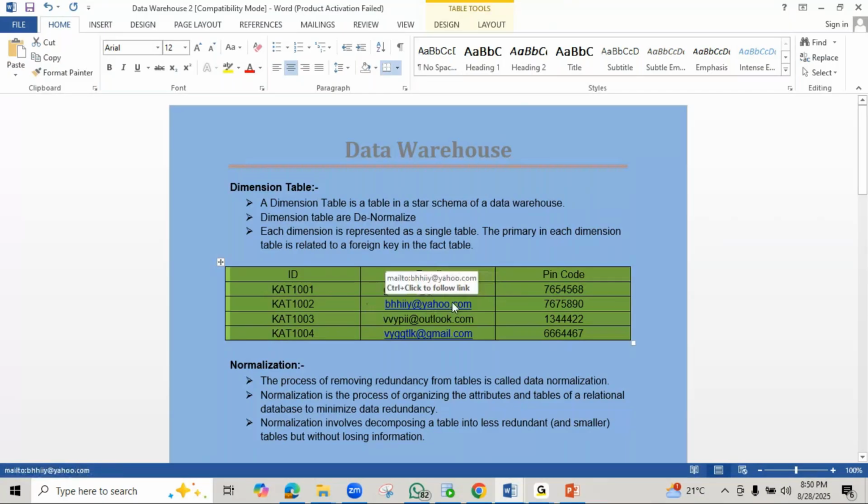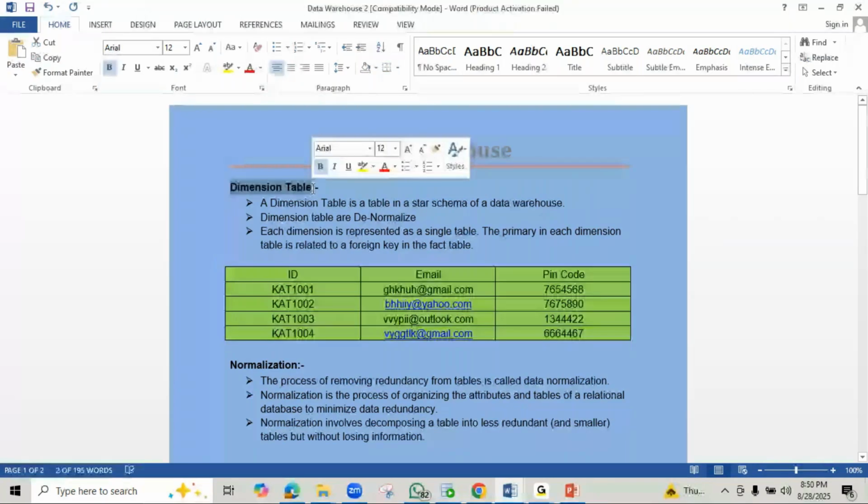A dimension table will also be available either in the star schema or Snowflake schema. It will contain a primary key and optional foreign keys, and it can contain any type of data. Any type of data means what? It may contain alphanumeric data. You can see KAT1001, it is technically called an alphanumeric value.